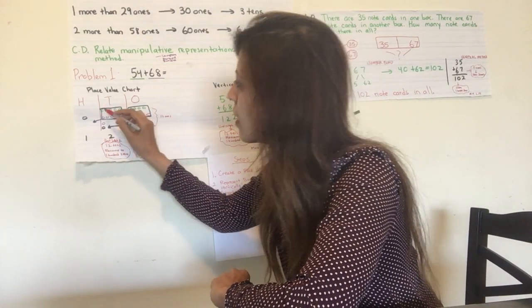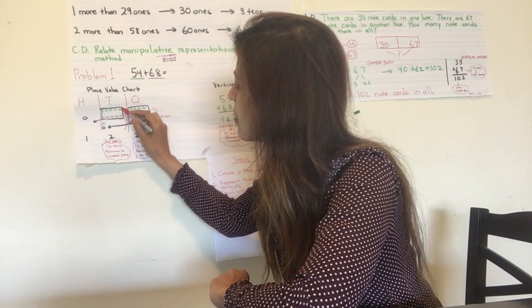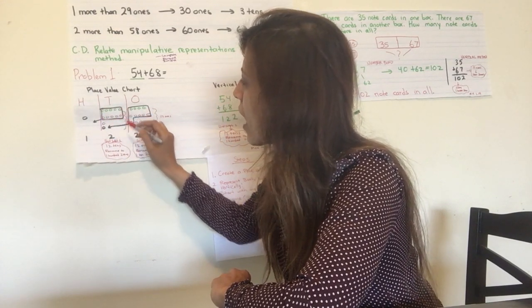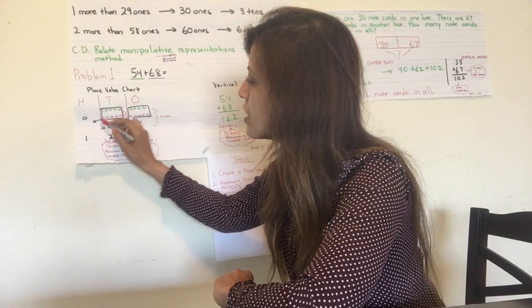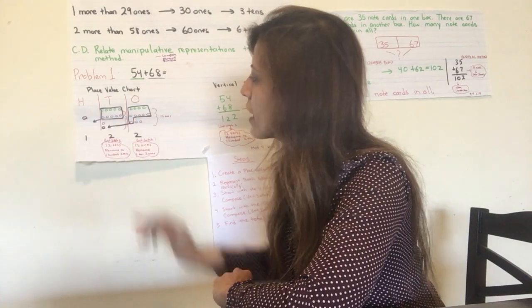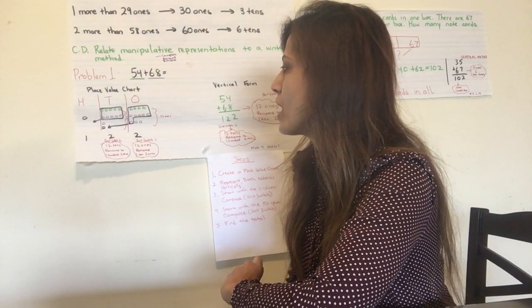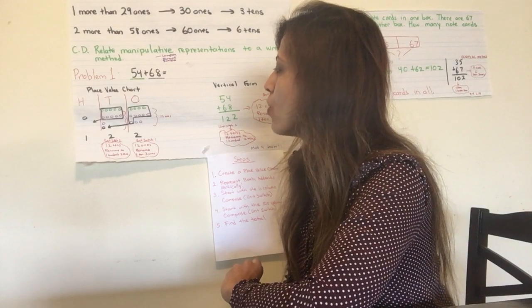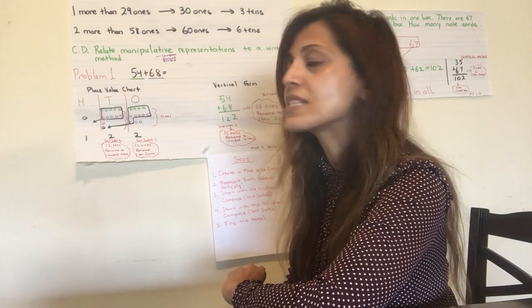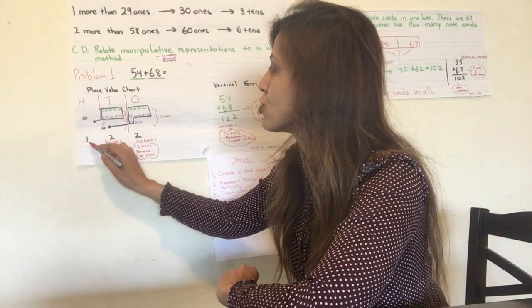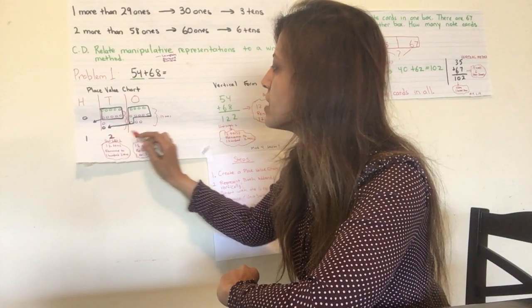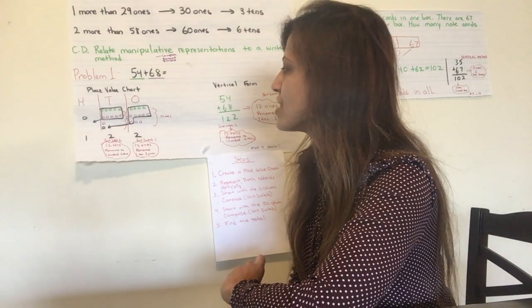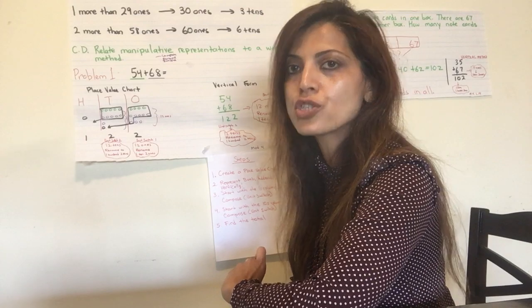Why? Because here I have 10 tens. I conduct another unit switch. Bam. That turns into a hundred. So now, what do I have remaining? I have 1 hundred, 2 tens, 2 ones. So the answer is 122.